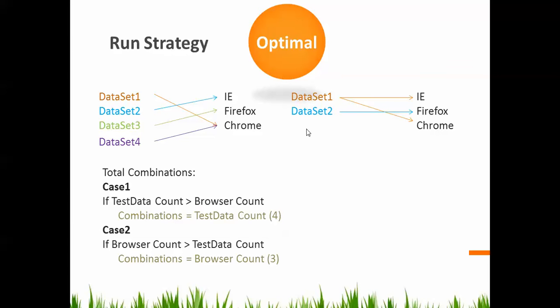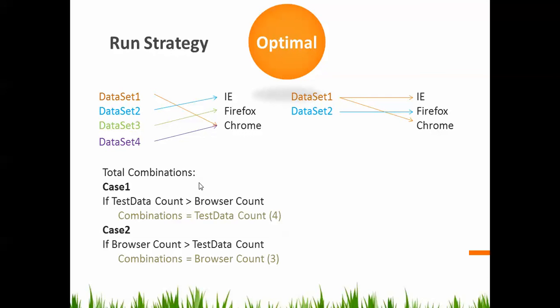And in the second case, if we have 2 different sets of data for one test case, the first data will execute with IE, the second will execute with Firefox, and any one of the test data will execute with the third, Chrome. That means the maximum possible combination will be formed by minimum execution of one time test data or one time browser.